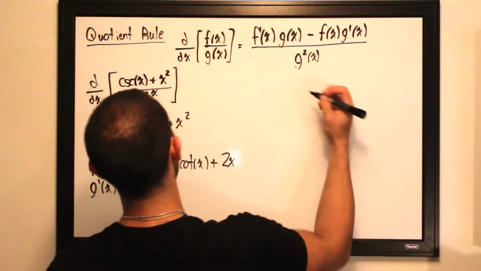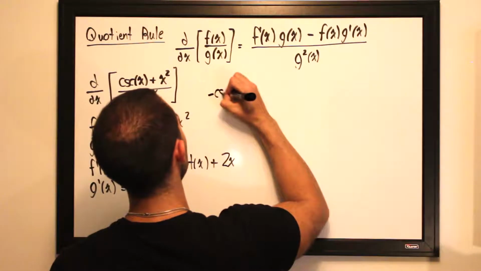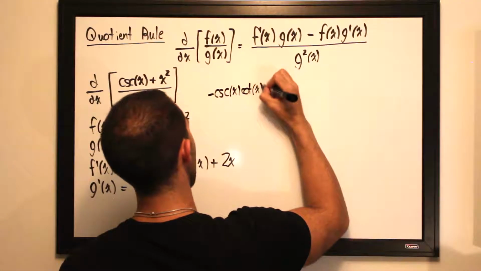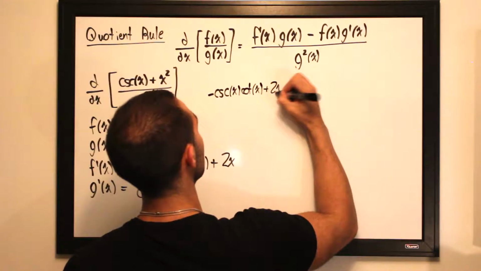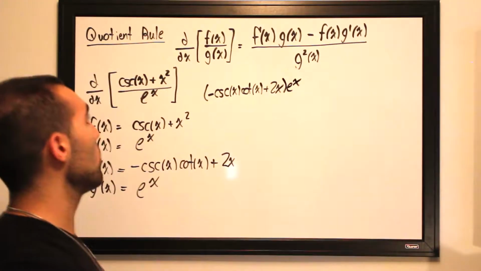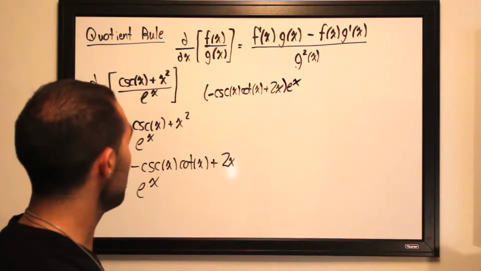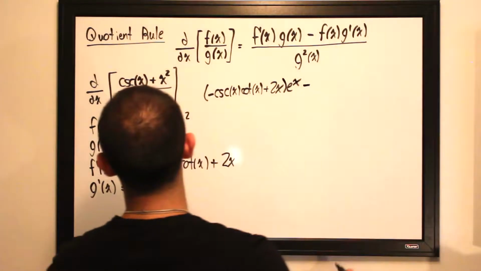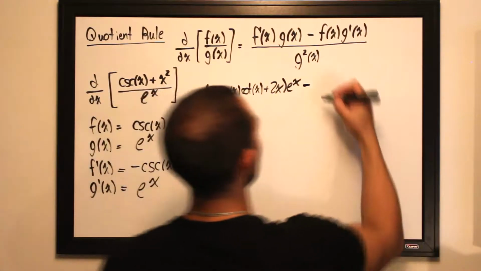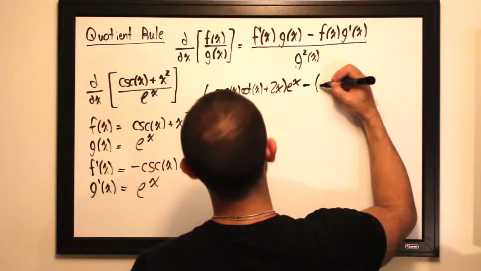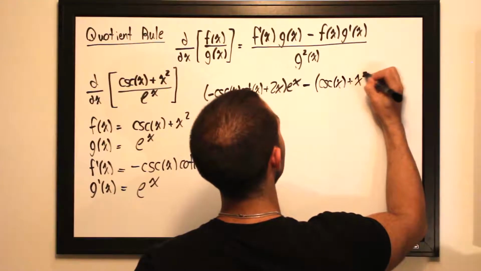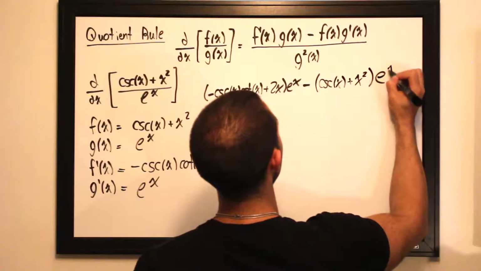So we will have negative cosecant of x cotangent of x plus 2x, all of this multiplied by e to the x, and then we will subtract off f times g prime, so minus cosecant of x plus x squared times e to the x.